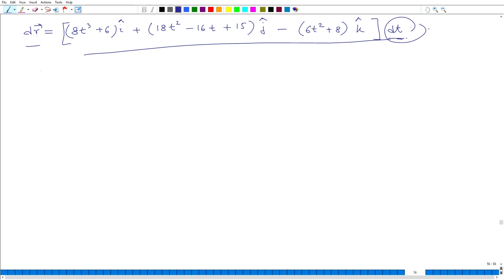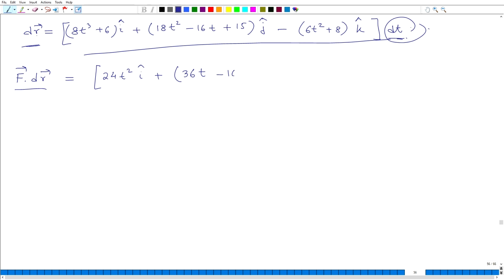Okay. And then finally, I have dr and I know F as a function of t. I know now dr as a function of t, then I will do the integration. I will first do the scalar product. So this will be equal to (24t² i cap + (36t - 16) j cap - 12t k cap), which is the expression of the force, if you remember.